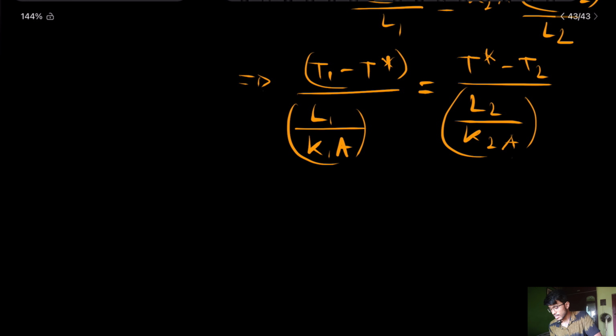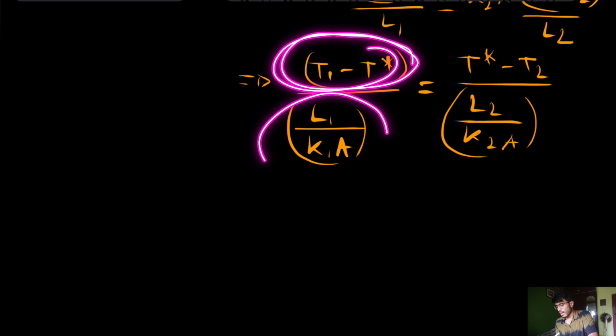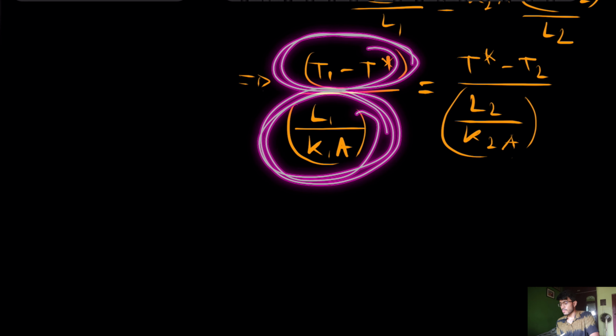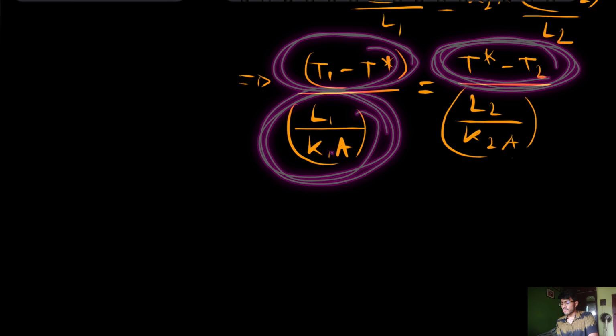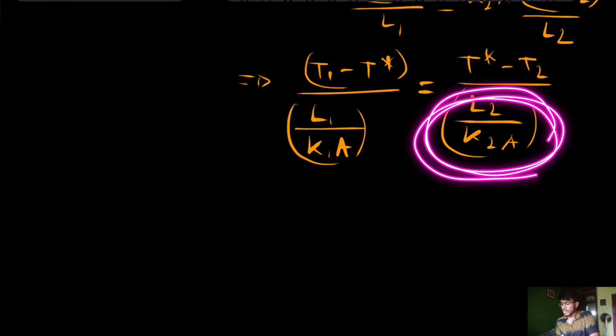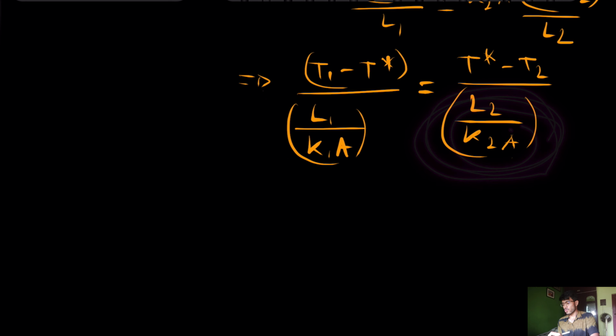Now you see that, taking the analogy with the electrical network, the voltage difference by the RTH1, the thermal resistance 1, is equal to the voltage difference 2 by the resistance 2, okay.